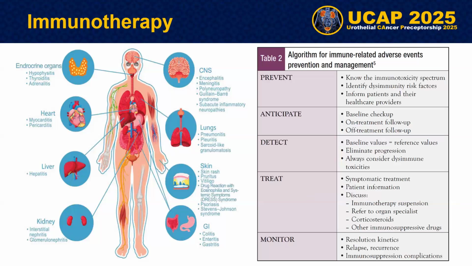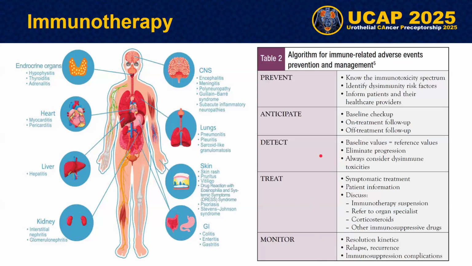With our knowledge of immunotherapy, we should have baseline checkups, including thyroid function, endocrine functions, and also during follow-ups, monitor these possible adverse events that can happen. Then we should detect it timely so that we can always act on it fast before it turns serious.